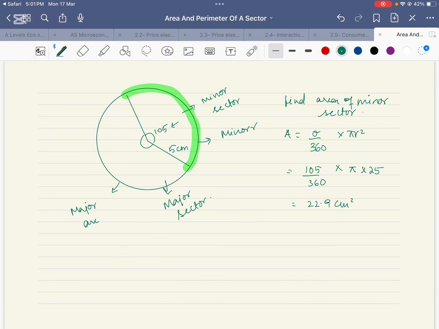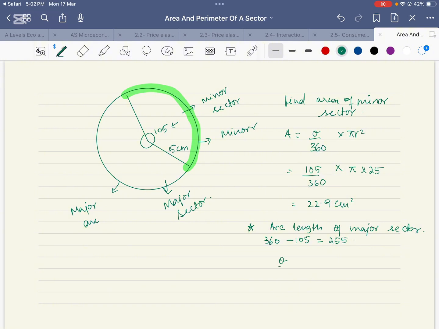Now second one is find the arc length of major sector. So angle in the major sector is 360 minus 105, which is 255, right?